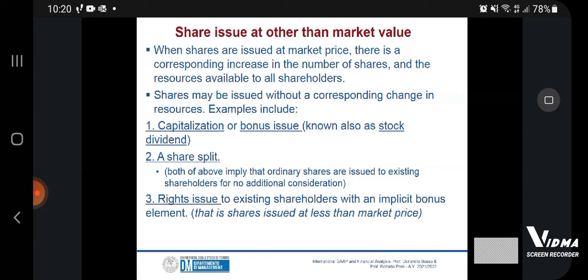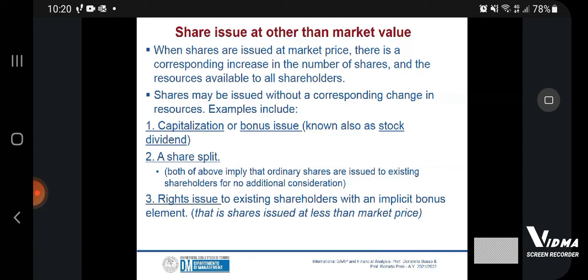Usually this is done to increase the resources by selling some shares, but as they are being sold at a lower price than I would normally offer in the market, the corresponding increase in resources is lower than it should be, and it usually causes a decrease in the earnings per share.